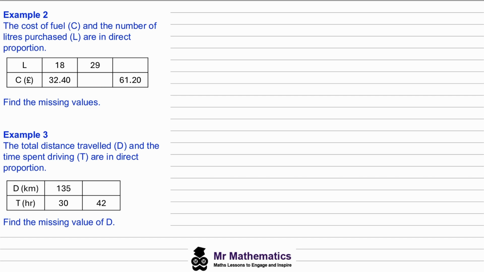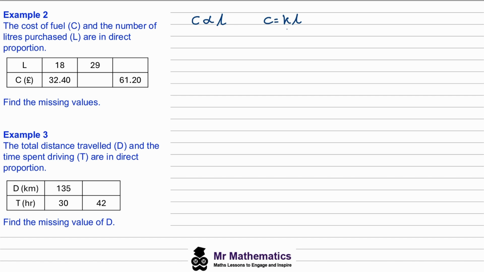The first thing we need to do is define our model. So we say that the cost is directly proportional to the number of litres. So C will equal KL. Again, this K describes the rate at which it changes, so this is like the price of a litre.